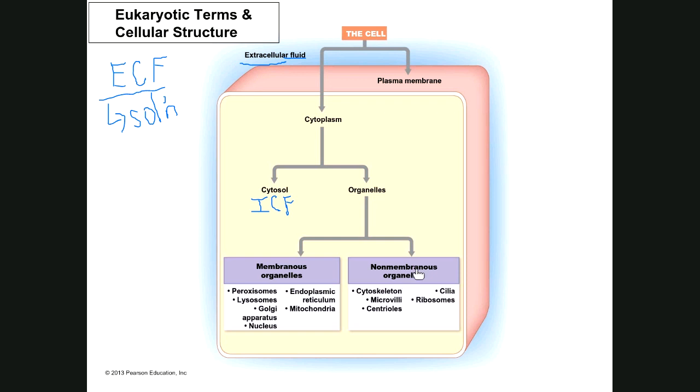You will find non-membranous organelles in prokaryotes, but also in eukaryotes, such as cilia and ribosomes. However, what you won't find in prokaryotes, but do find in eukaryotes, are the other group called membranous organelles. As I go over these two groups, I'm going to give you a general description to help you understand why they separate them into these two groups.